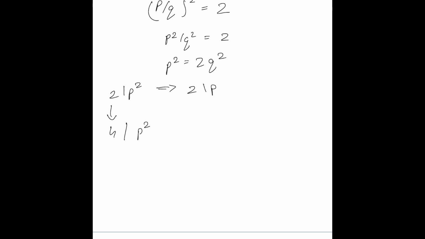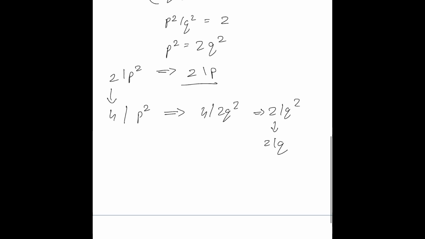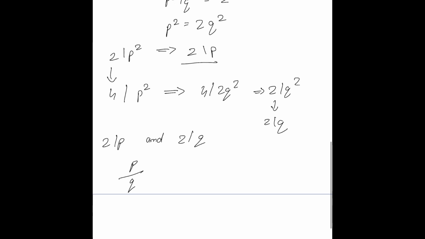So here we can say 4 divides 2q square. So 2 divides q square. Then 2 divides q. From this, we know 2 divides p and 2 divides q, so they have a common factor 2. This can't be possible, since p and q were assumed to have no common factor.